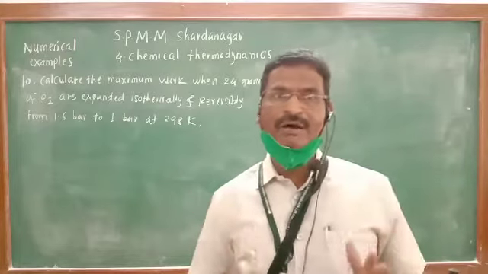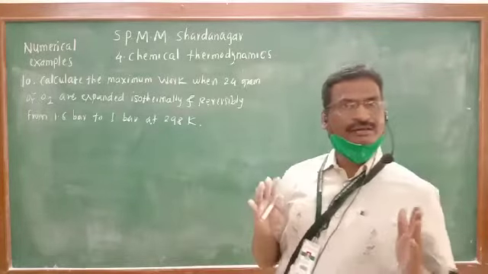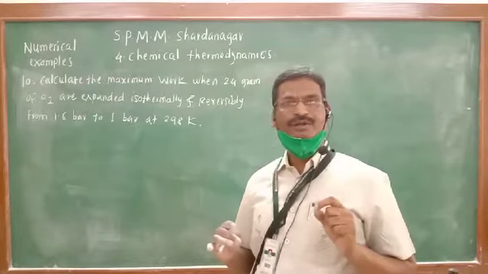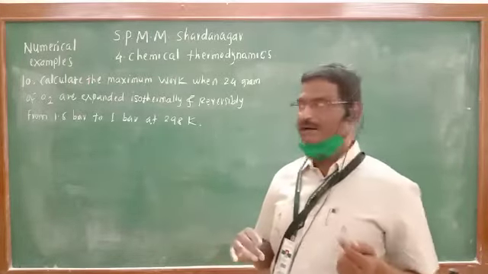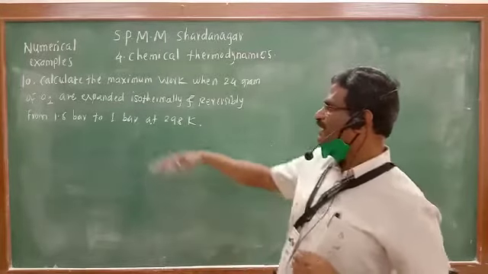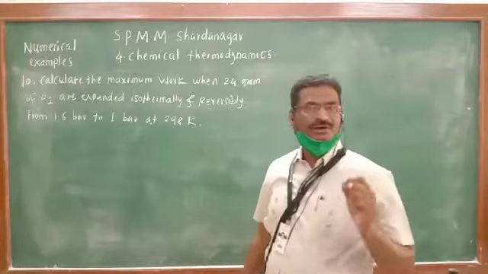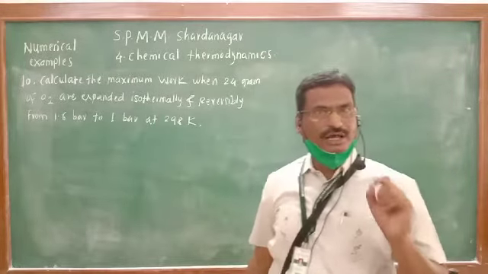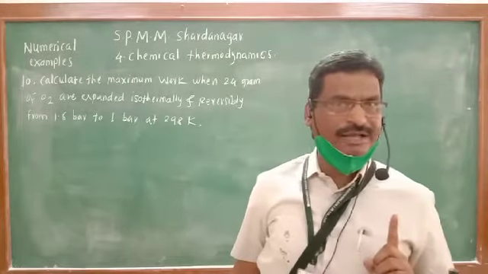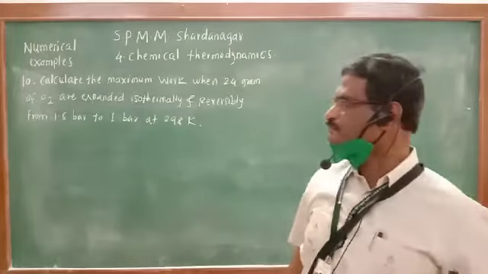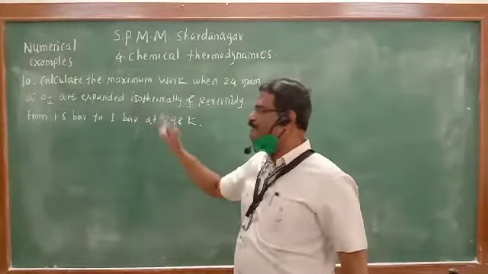So depending on the sign of the answer, we also have to identify whether work is done by system to surrounding or surrounding to system. Here also they have given the expansion process. Whether you are getting a positive or negative answer, we must get a negative answer, because it is the process of expansion.